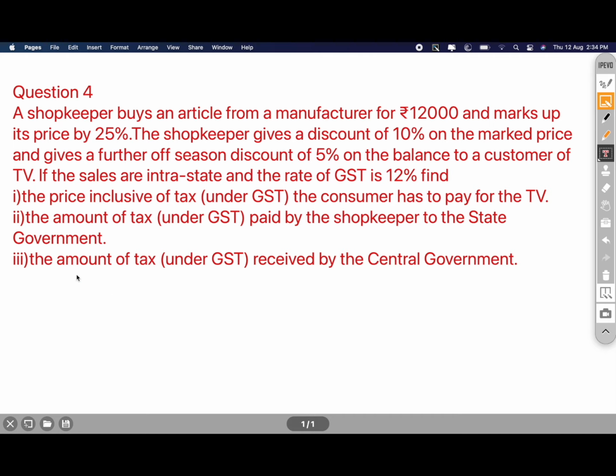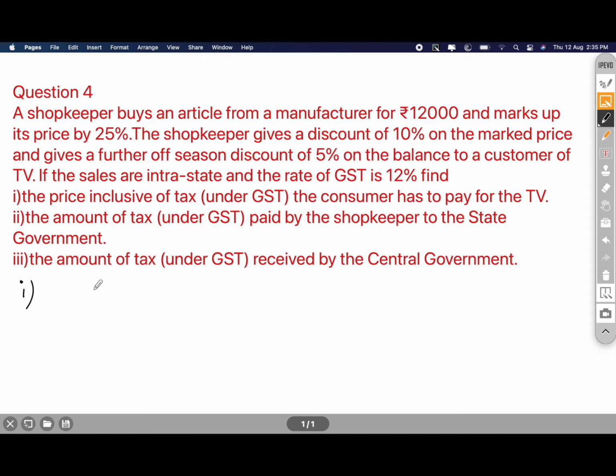So now let us answer the first part. Here the question is, price inclusive of tax the consumer has to pay for the TV. First of all, I must know what is the cost price for the consumer. That means the price at which the shopkeeper is selling. Here it is already said that the cost price for the shopkeeper is rupees 12,000 and he marks the article above the cost price.